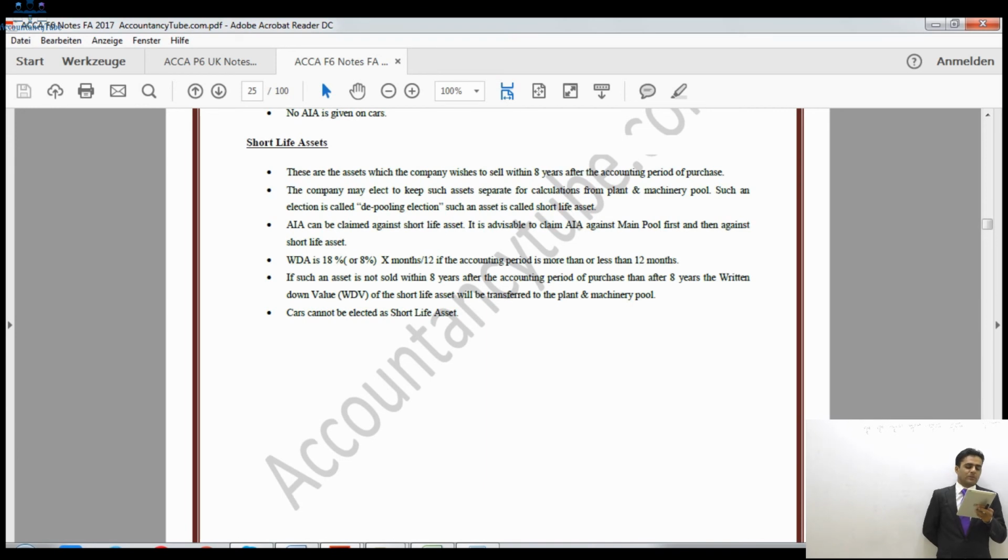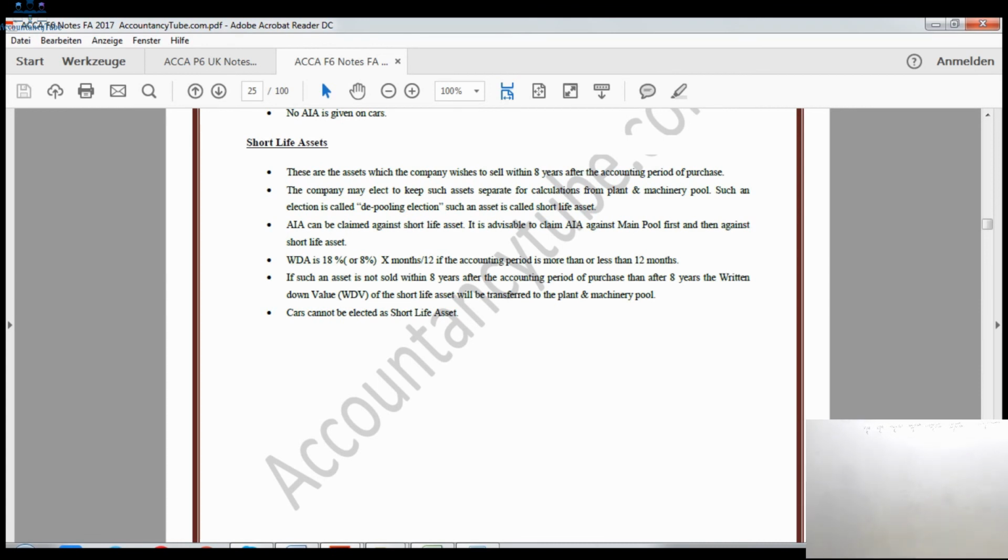The company may elect to keep such assets separately for calculation from the plant and machinery, and this method is called depooling. Now the short life assets which you intend to sell within 8 years, you can keep them separately. If you keep them separately, this process is known as depooling election, and such an asset is called a short life asset.